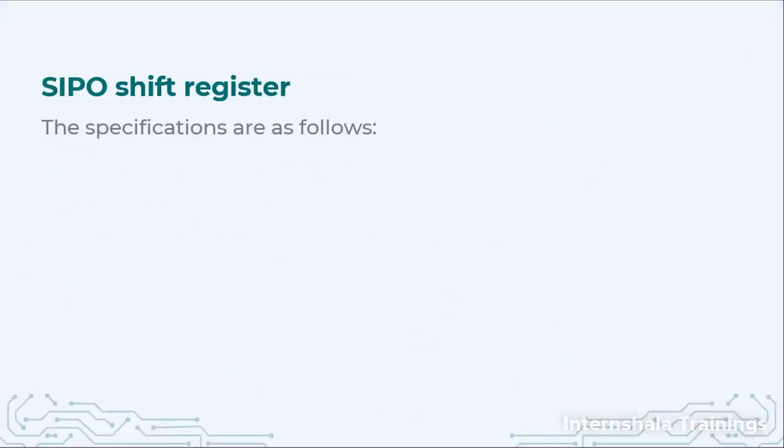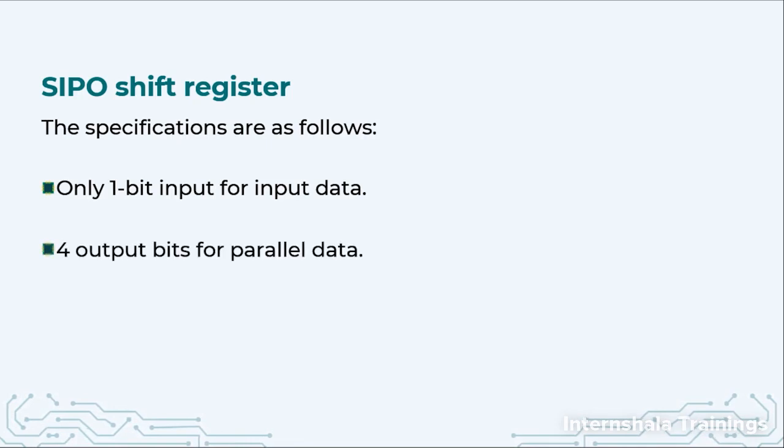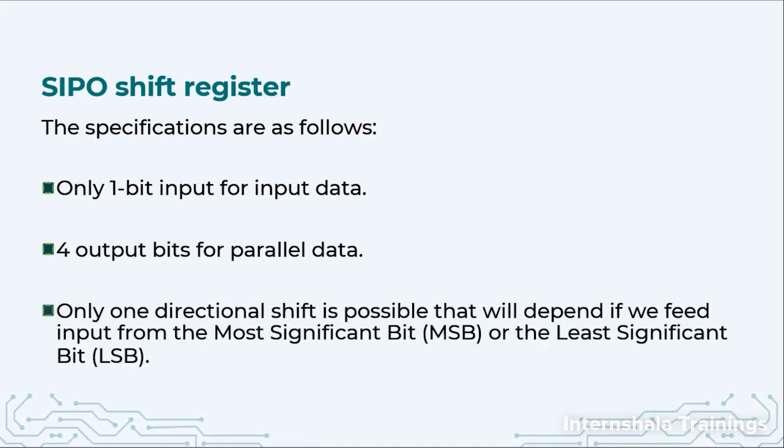First of all, let us know what the specifications of a serial in parallel out shift register are. There is going to be only one bit as our input bit. If it is a 4-bit register, we can have 4 bits as the parallel output pins. If it is 8-bit, we will take 8 bits.